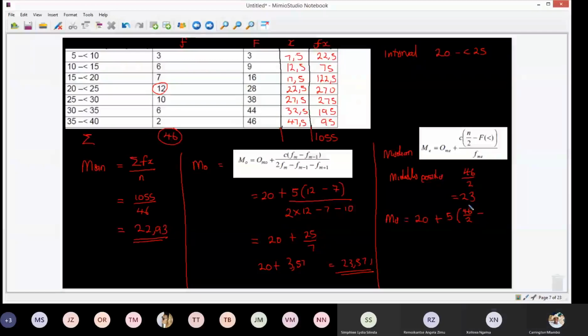Previous. 7. Cumulative. Remember, it's capital letter F. It's 16. Then over the frequency of your median.